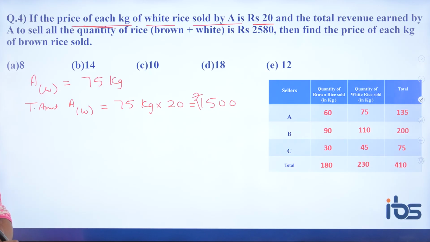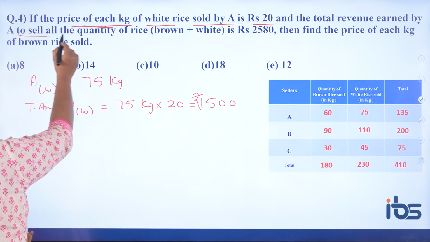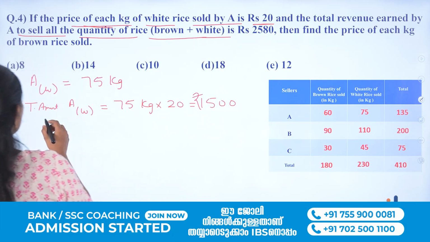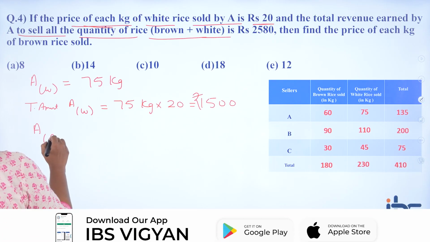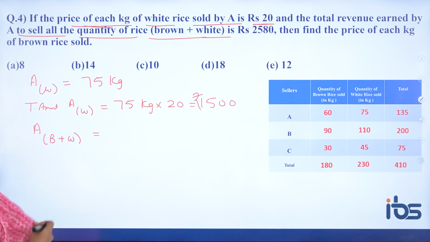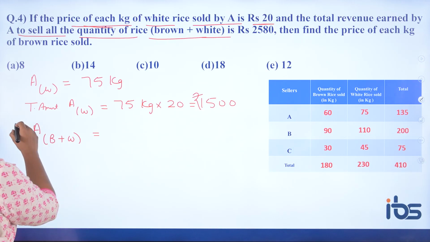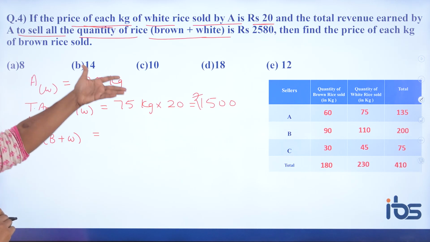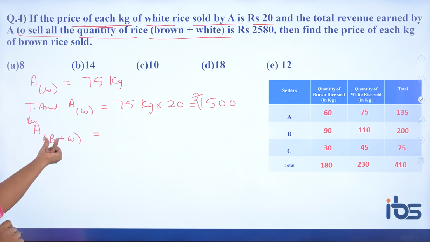And the total revenue earned by A to sell all the quantity of rice, that is brown plus white. How much did seller A earn by selling brown and white?